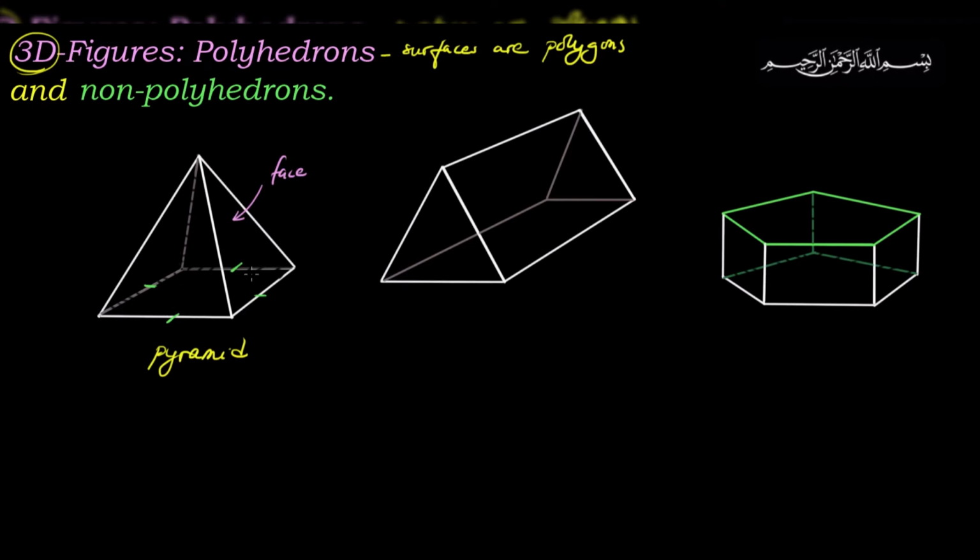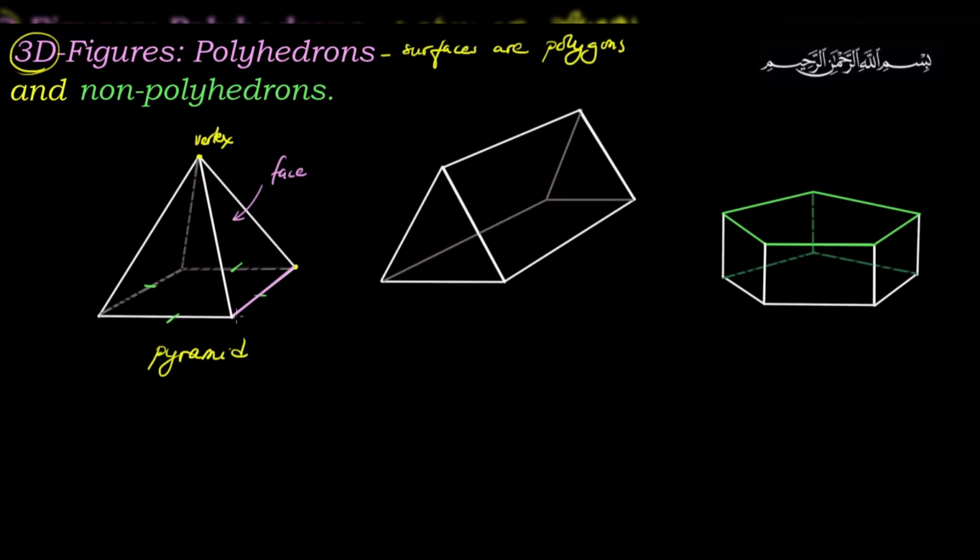Now each of these pointed ends over here, that's a vertex. So here's a vertex, and here's another vertex, here's another, and another, and another. So there are 5 vertices here. The plural of vertex is vertices. And each side, like over here, this would be an edge.